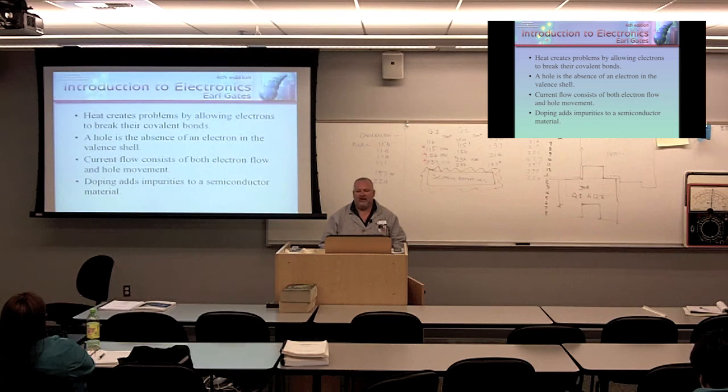Heat creates problems by allowing electrons to break their covalent bonds. A hole is the absence of an electron in the valence shell. Current flow consists of both electron flow and hole flow. Doping adds impurities to a semiconductor material.